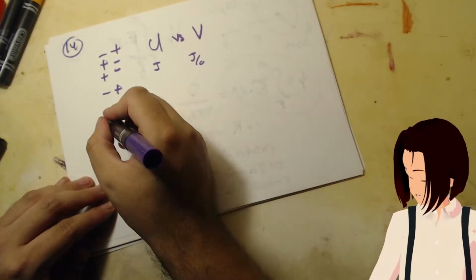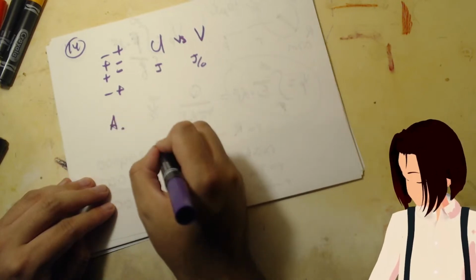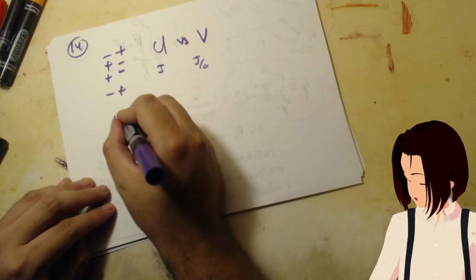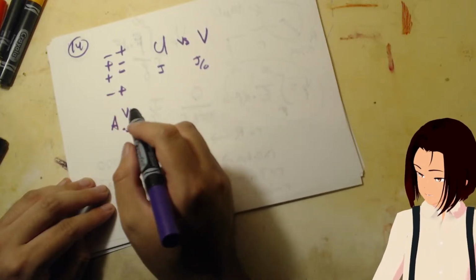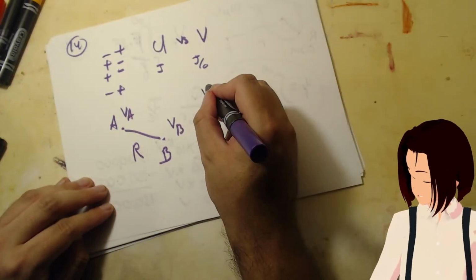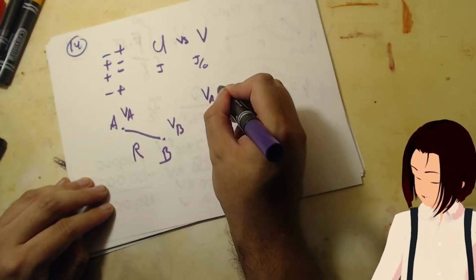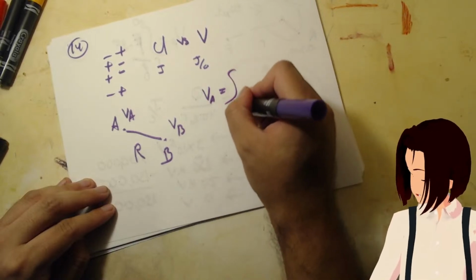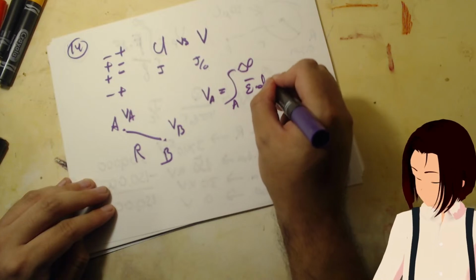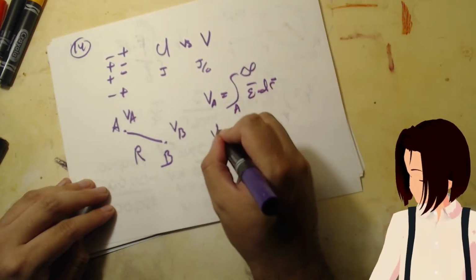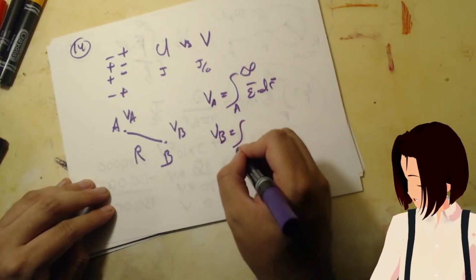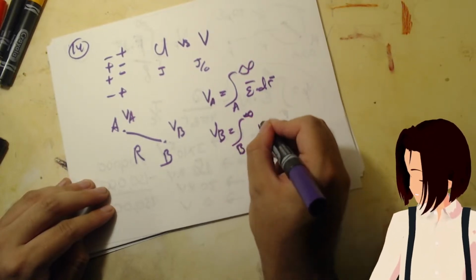We have point A, point B, we have R, and we have the electric potential at A and the electric potential at B. We know that V of A is the integral from A to infinity of E dot dr, and for B it is from B to infinity, the same thing.